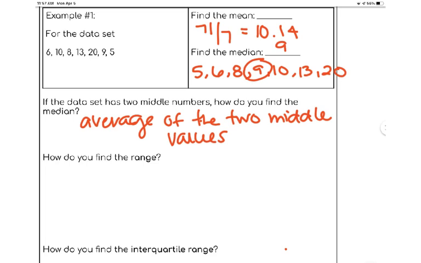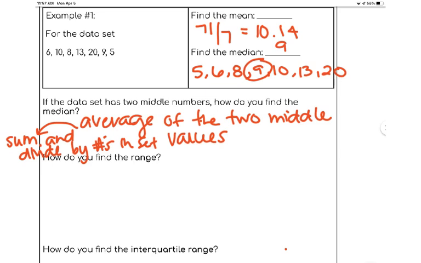Going back to what an average is, okay, you're going to find the sum and divide by the numbers in the set. So if you have two middle numbers, you're going to find the sum of those two values and divide by 2.